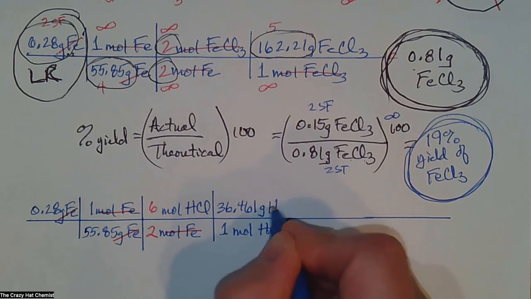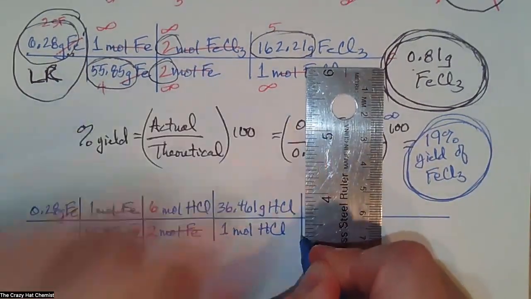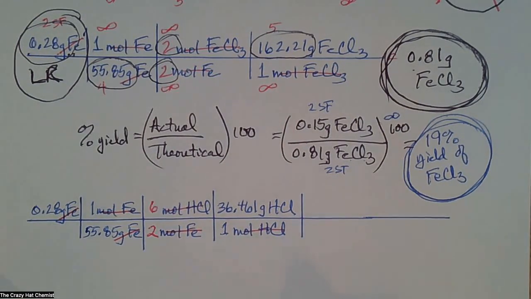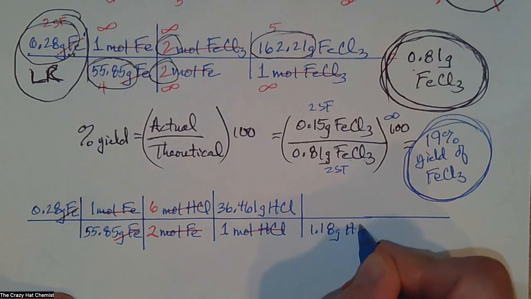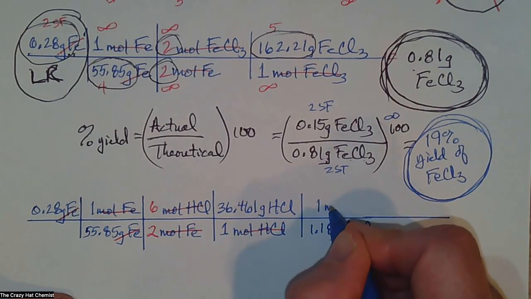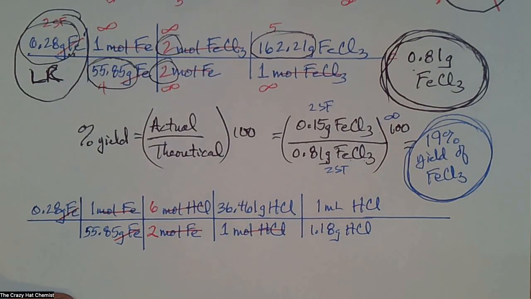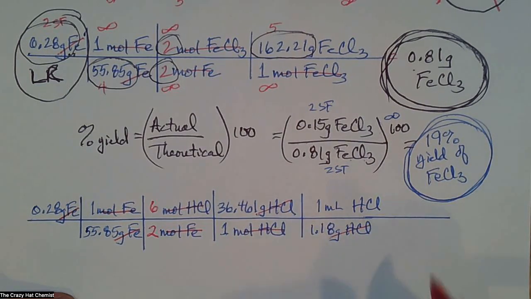That's the molar mass of HCl. That will cancel out the moles of HCl. Then down over here, I am going to use the density, and that is 1.18 grams of HCl is equal to 1 milliliter of HCl. This is very similar to what we did on the previous problem. Grams of HCl cancels out, and I'm left with milliliters.